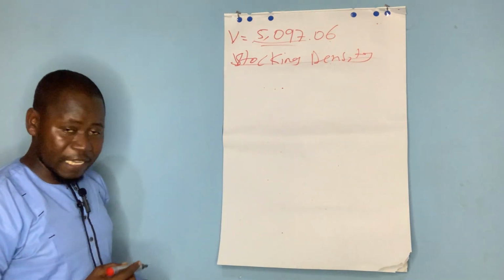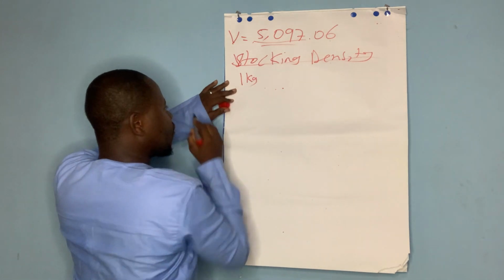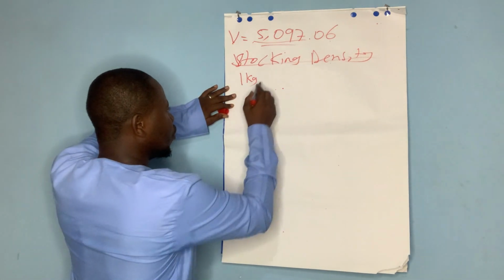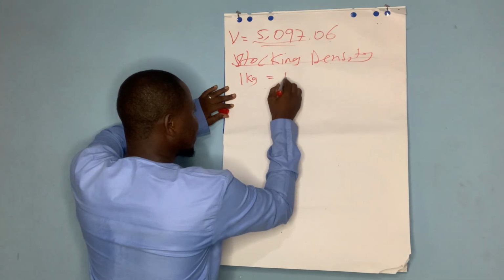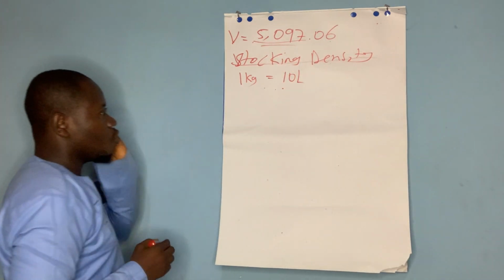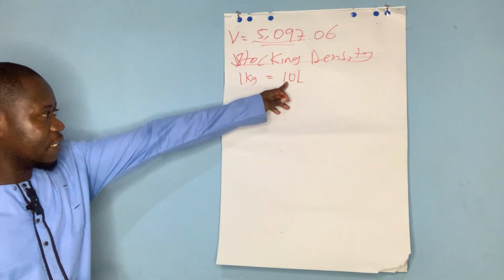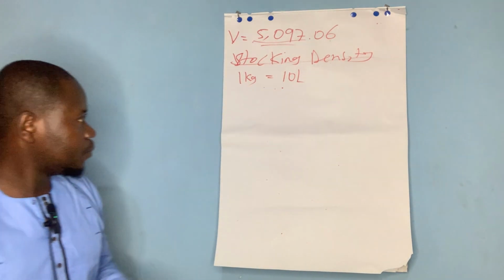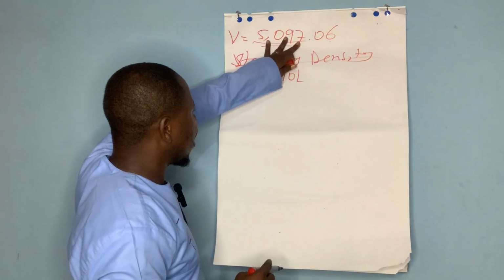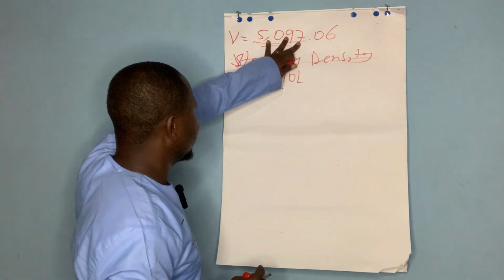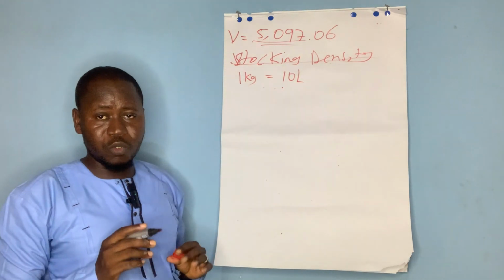So we say that 1 kilogram of fish is equal to 10 liters of water. Now, this is our liters of water, but for now, we don't know how many fish it will take.